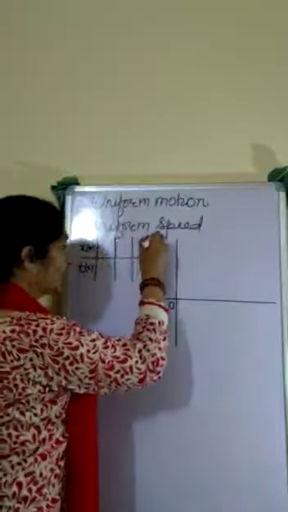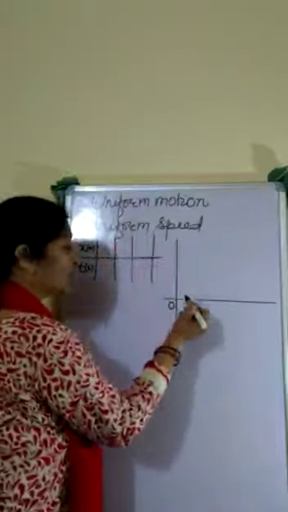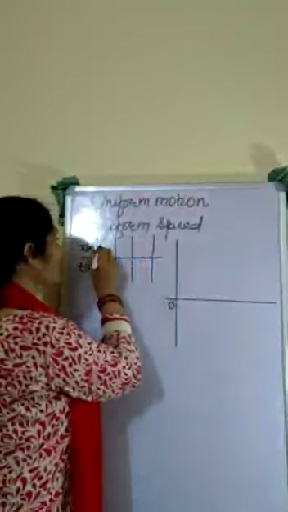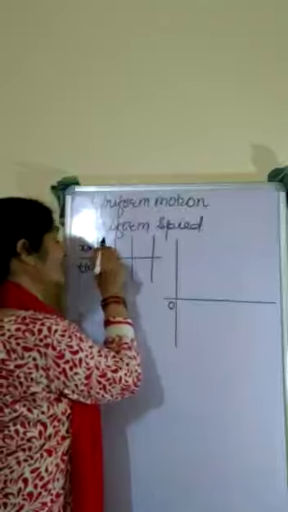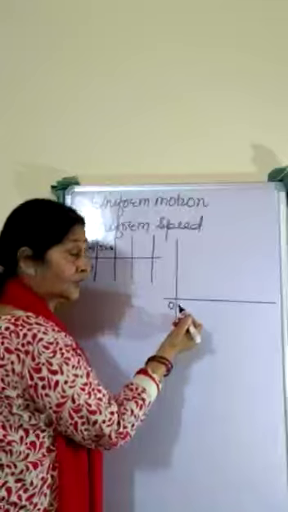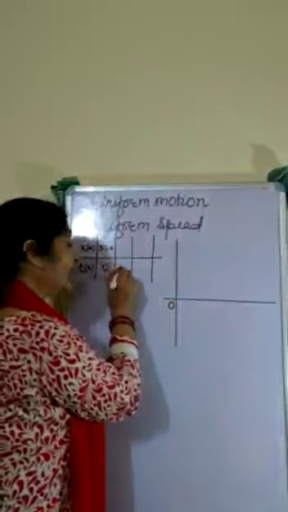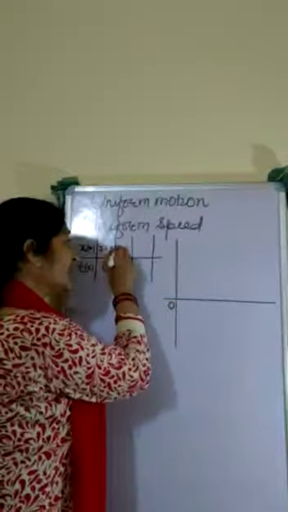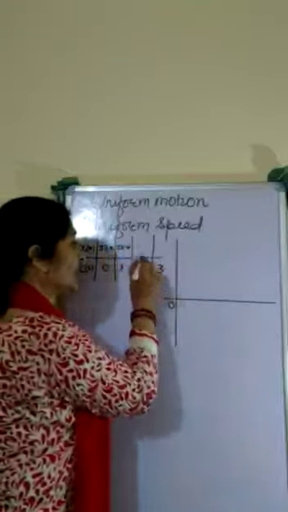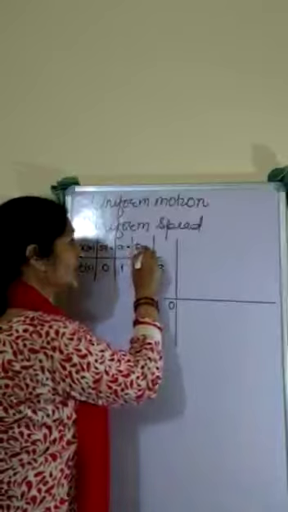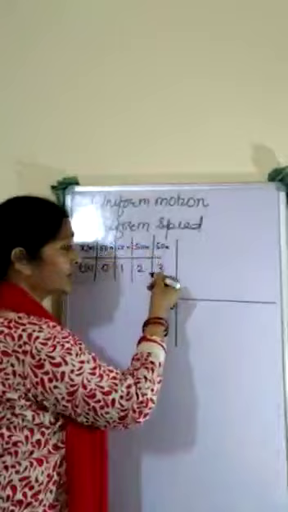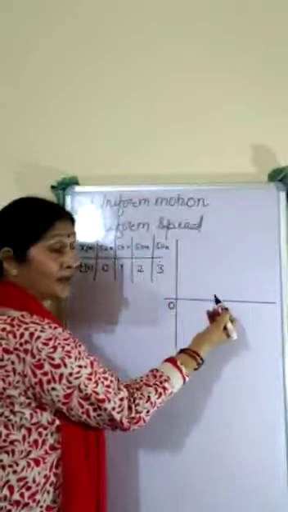Now see, the position of the body is 50 meters when time is 0. And when time is 1 second, again the position is 50 meters. At 2 and 3 seconds, the position of the body is not changing. This is the situation. How will we plot it here?